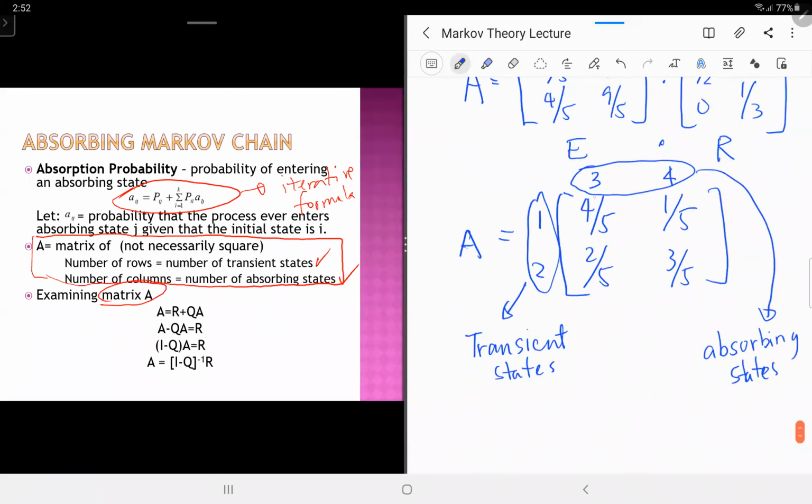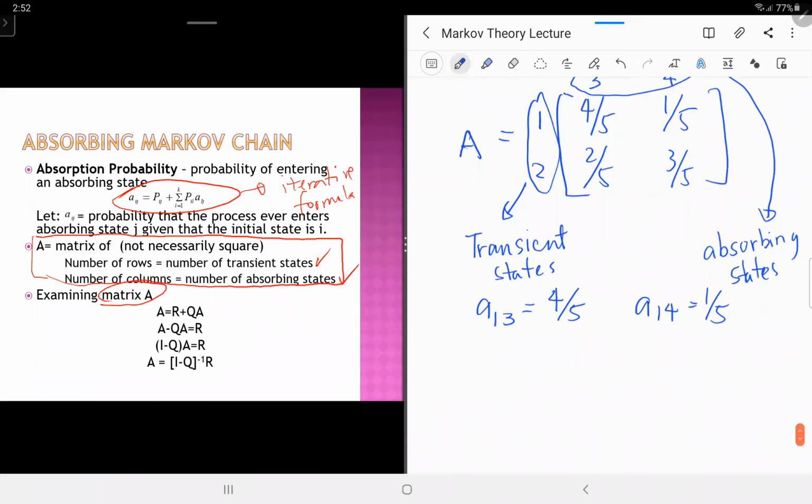you know that if I were to break it down, A13 is equal to 4 over 5. A14 is equal to 1 over 5. And since we're talking about probabilities, if you're coming from transient state 1, there are only two ways for you to be absorbed.